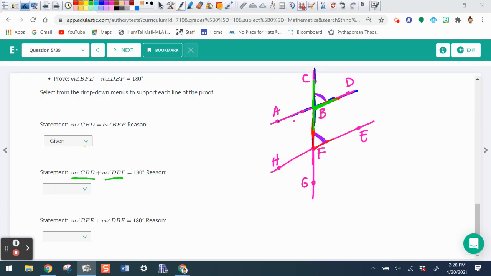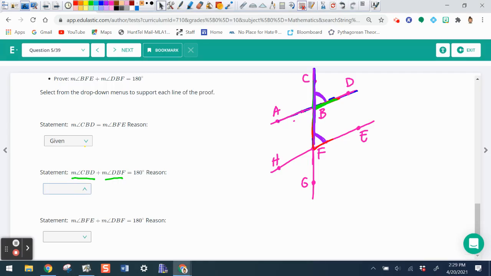So why are we supposed to know that these two angles in particular should add up to 180 degrees? Well, it's because they form a straight line together. These two angles, this acute angle and this obtuse angle, when combined, actually create 180 degrees or a straight line. This has a very particular term in geometry.